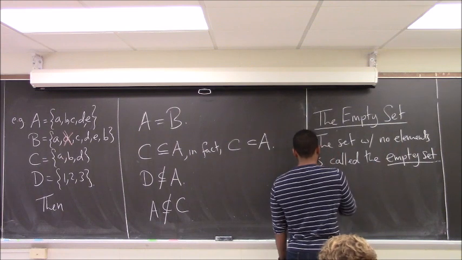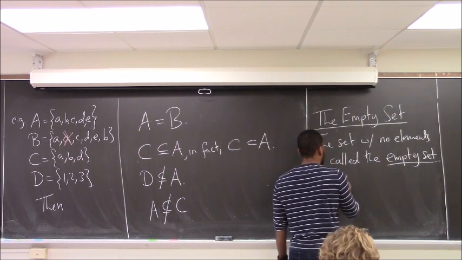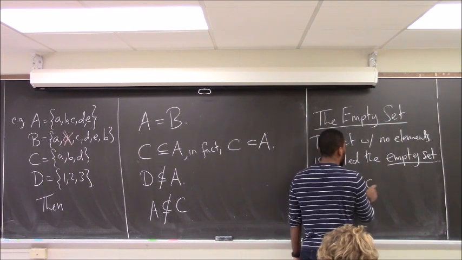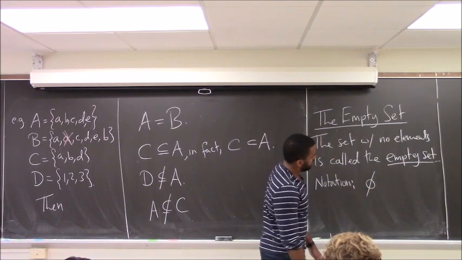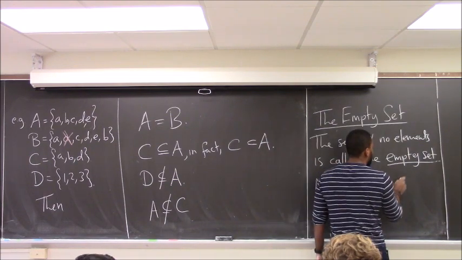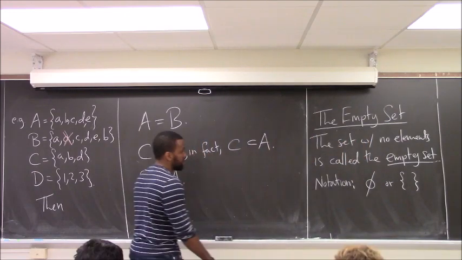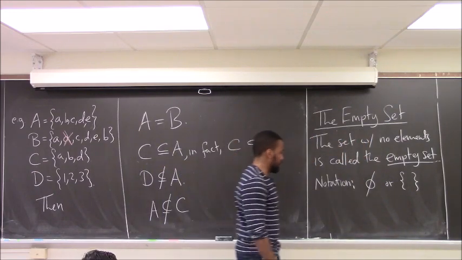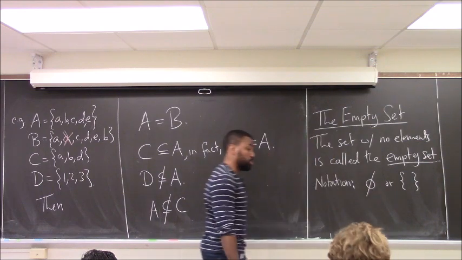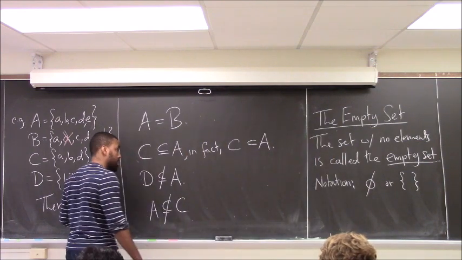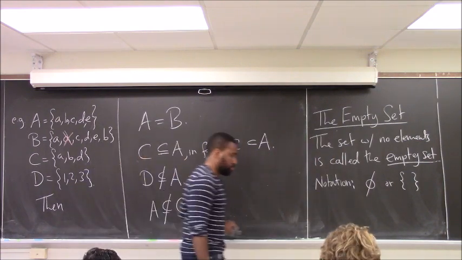The notation for the empty set is 0 with a slash through it, or you write the squiggly brackets, but you don't write anything inside it. Once you write that symbol in any set theoretical context, it will be assumed that you're talking about the empty set. The empty set is a very important set.